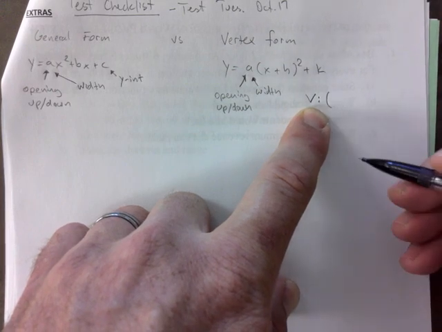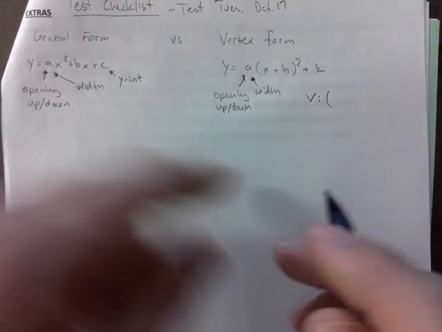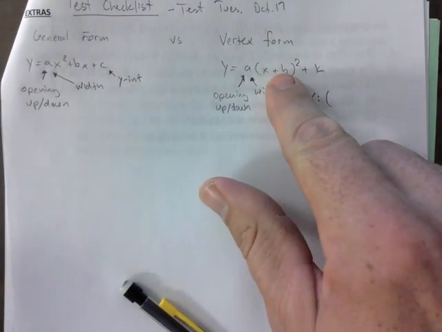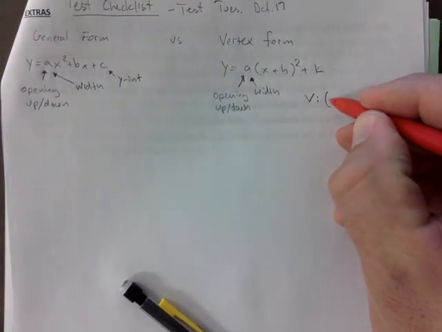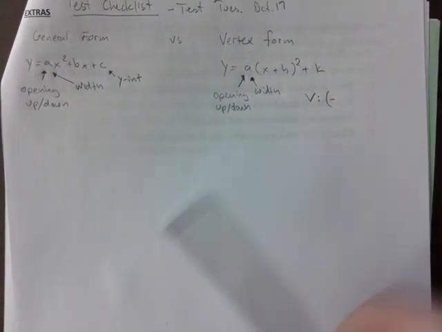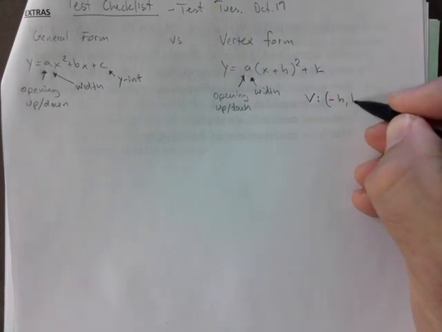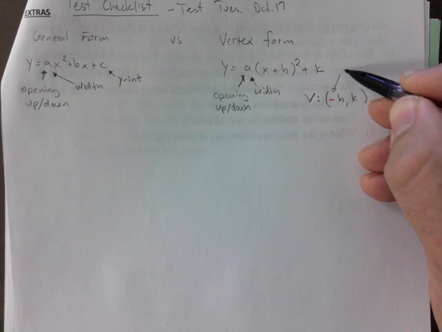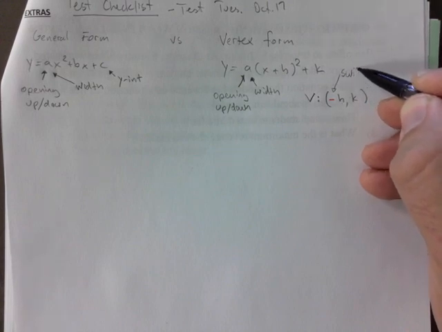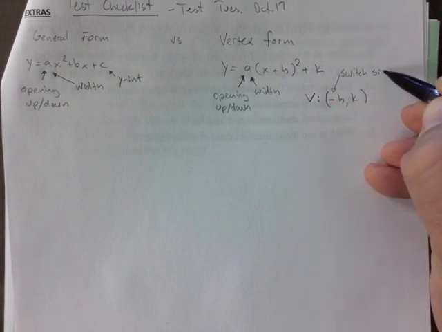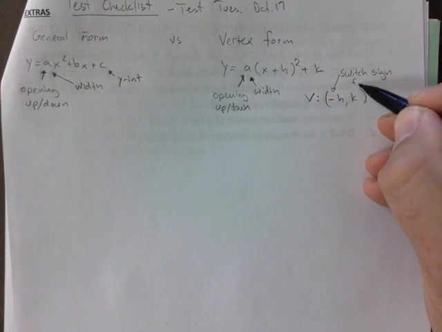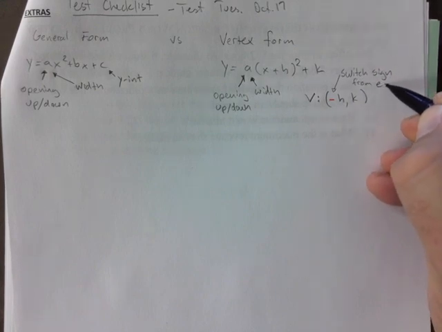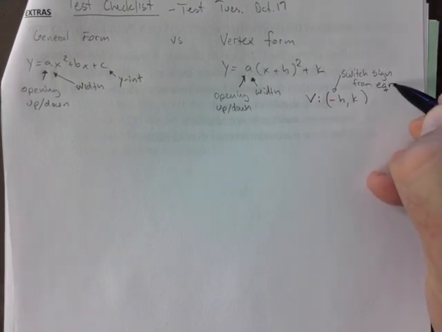And you should be able to just change the sign. So if H is positive there, it will go negative H. So that is saying switch sign from equation. That's what that does. EQN, just for short.